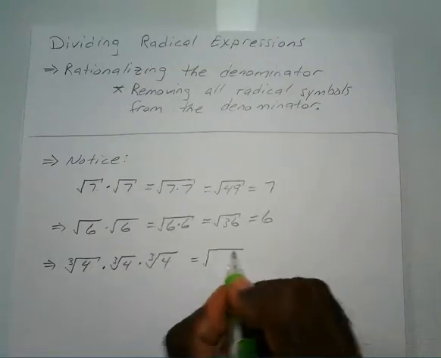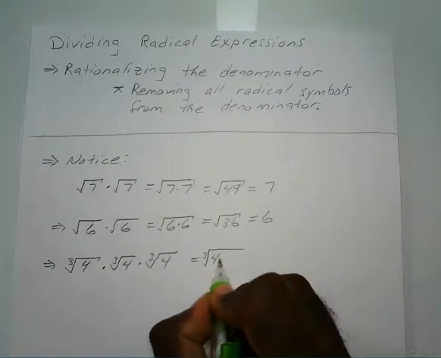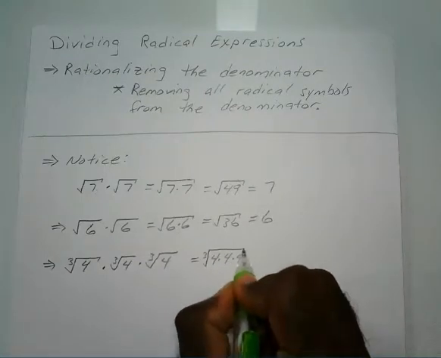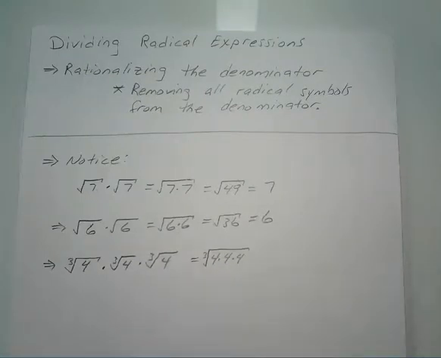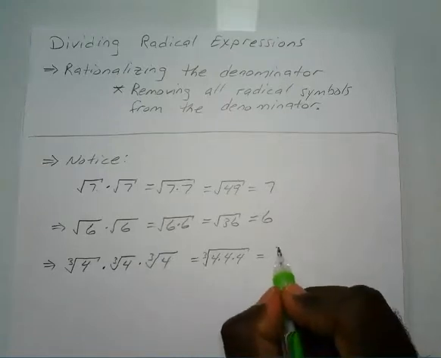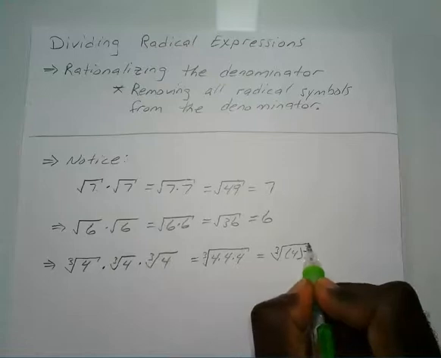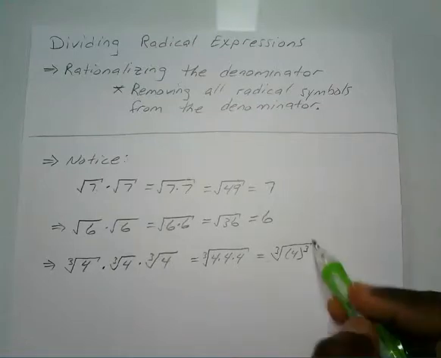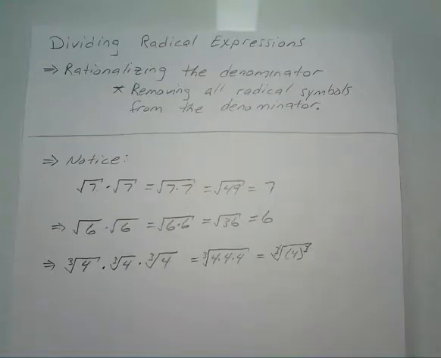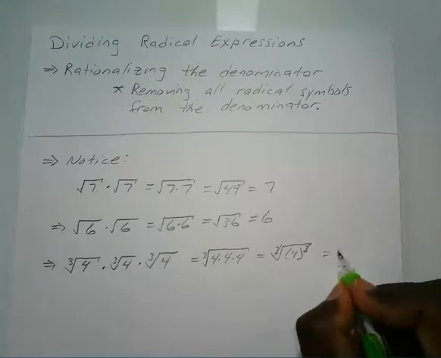So we have the cube root of 4 times 4 times 4. Okay, so if you notice, that's the cube root of 4 to the third power. So your exponent and index cancel each other out, and that will be 4.